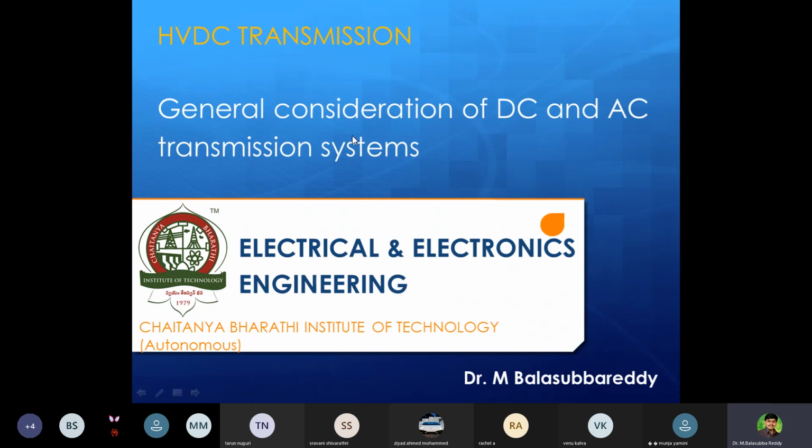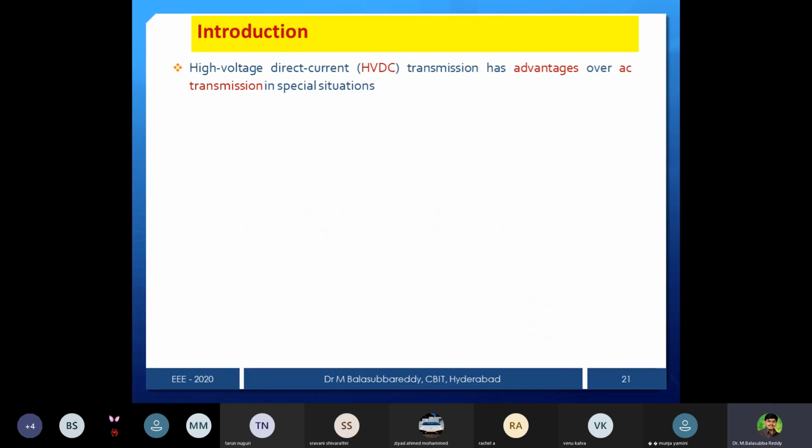Now, before starting this, there is a brief introduction about this unit. You can see the HVDC transmission has advantages over AC transmission in specific situations, because in some of the cases AC also will be an advantage, but overall with respect to specific situations, DC is the more advantageous, because with respect to distance and with respect to power transmission, in all these aspects DC is the more advantageous.